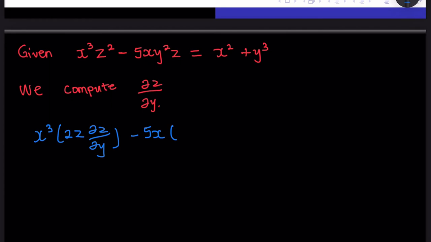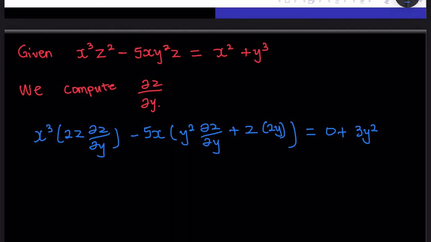So let's keep y squared, then differentiate z with respect to y, and that's going to give us del z del y plus, we now keep z, differentiate y squared with respect to y, that's going to give us 2y. Then it's equal to, we now differentiate x with respect to y. In this case, x is a constant, so that will go to 0. Then plus, we now differentiate y cubed with respect to y. That's going to give us 3y squared.